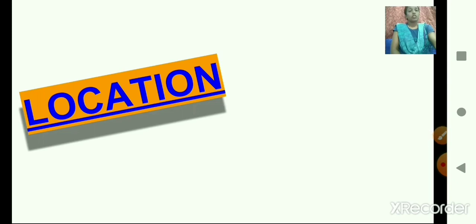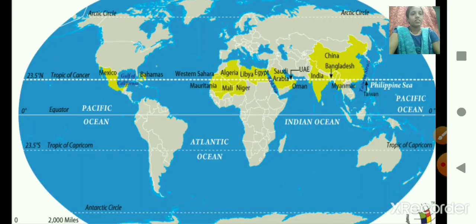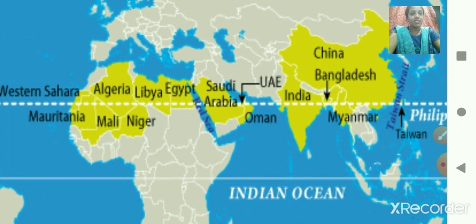So first of all we will see the location. That means where it exactly lies on the map. Okay, let us see. So this is the world map. Let me enlarge it.